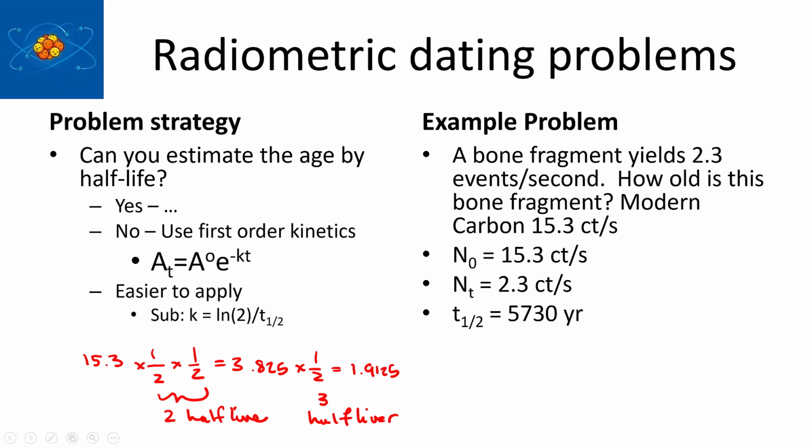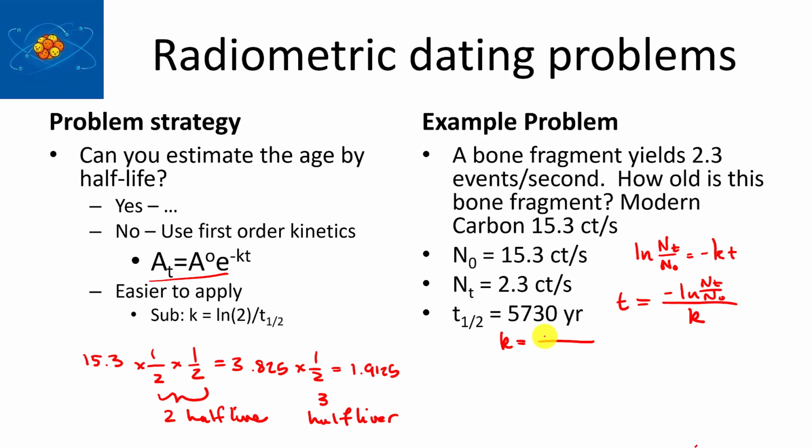Now, the way we're going to do this calculation is we're going to use essentially first-order kinetics, but we'll use this form of the equation because it's a little bit easier to work with. Natural log of Nt over N0 is equal to minus kt. And we're really looking for t, and that's going to be equal to negative ln(Nt/N0) divided by k. Well, we could calculate k.